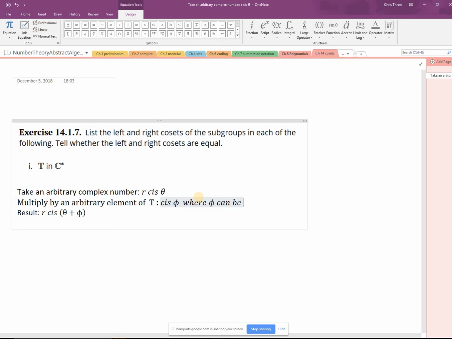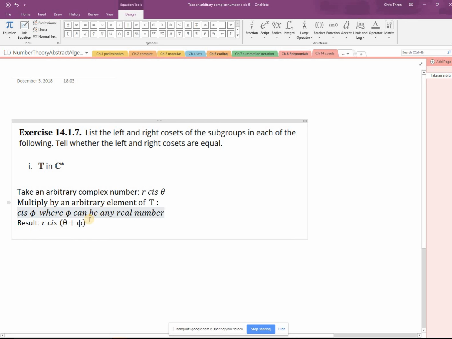Well, I could choose phi as anything, but then I'll get some duplicates, right? Well, we can just say any real number. That's fine. Now, remember we're multiplying this element, r cis theta, by everything in this set.